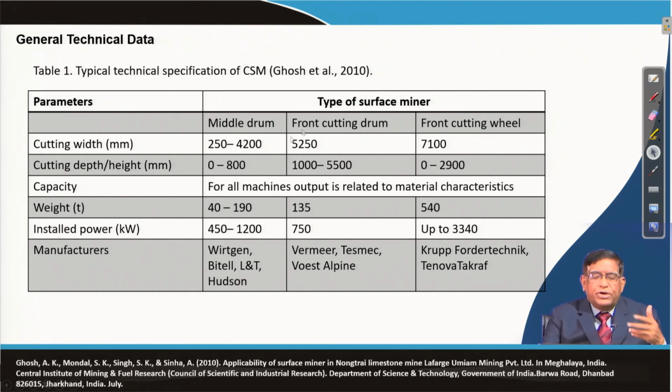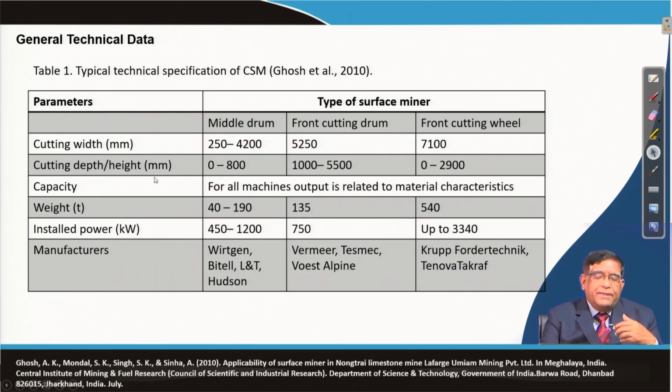Then your front cutting drum can give up to 5250 millimeter, and the other one is the front cutting wheel, where you can have something like a bucket wheel excavator, or a barrel type reclaimer. The front wheel width is going up to 7100 millimeter.